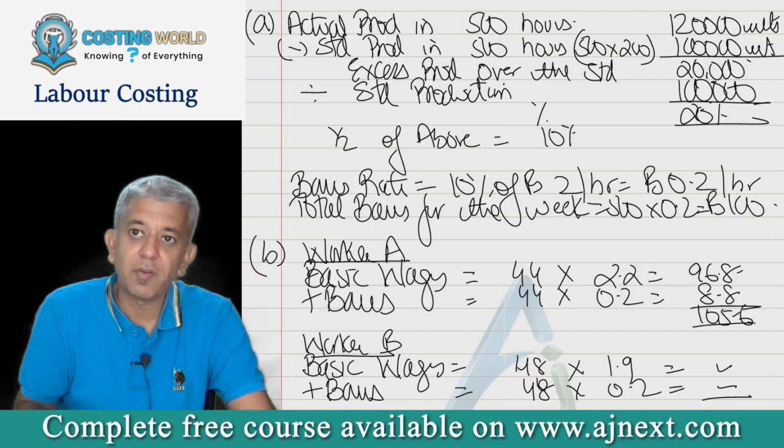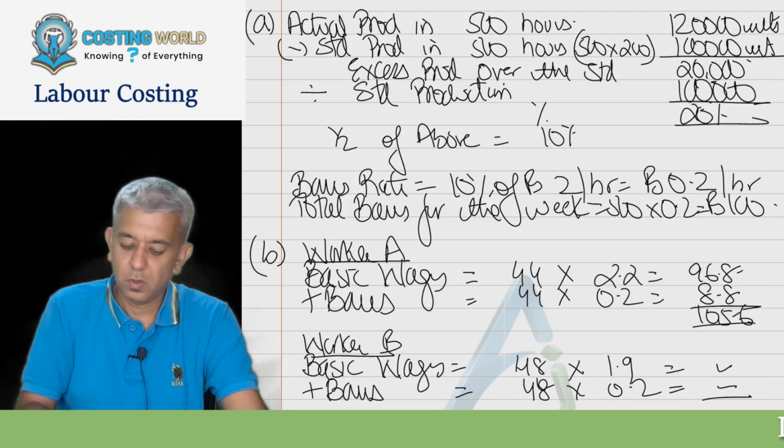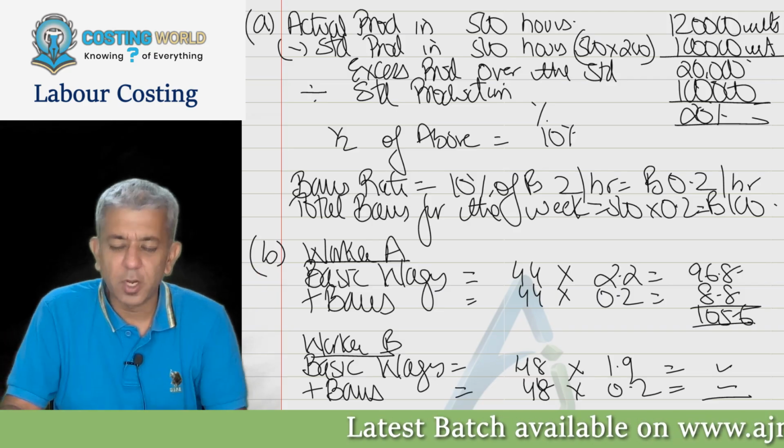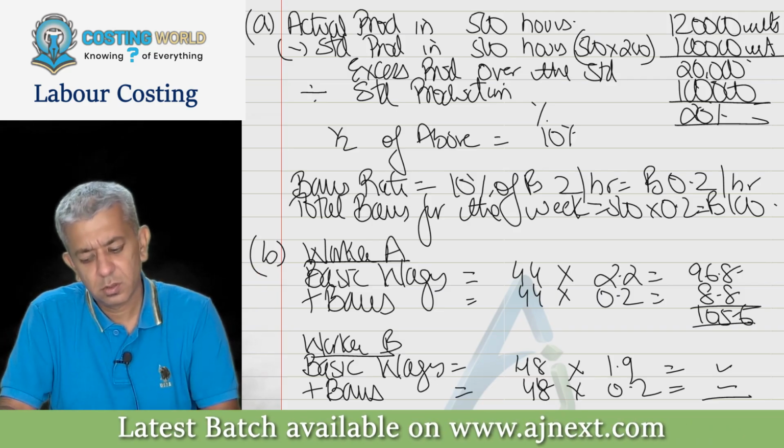Everyone done? Okay. For worker B, that comes to 100.8 or what? Yes, sir. Okay.